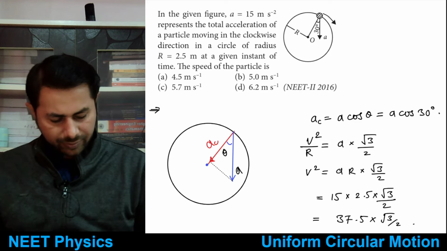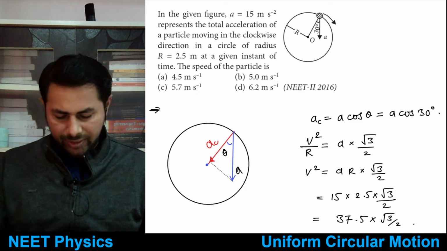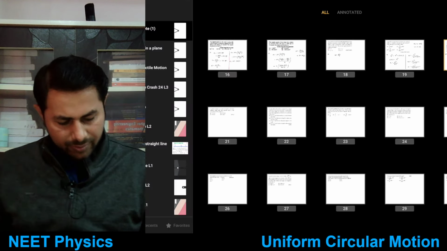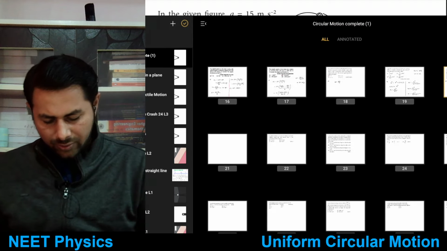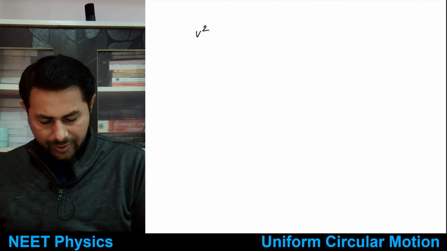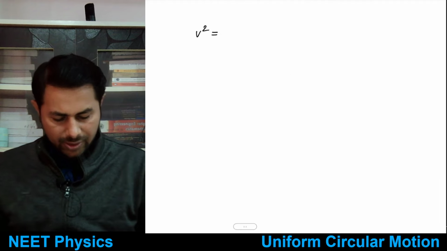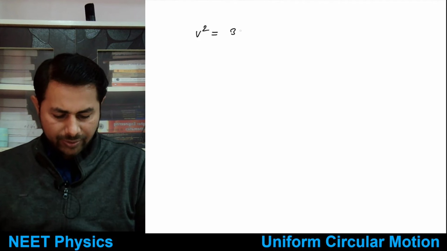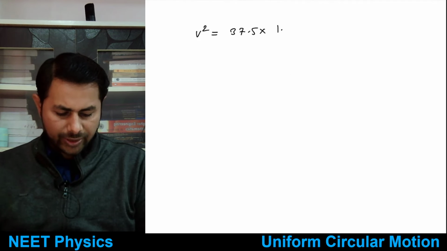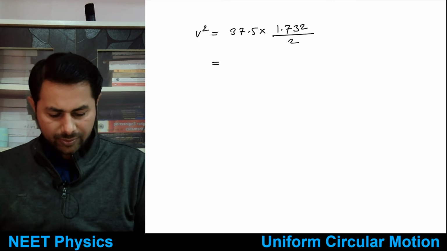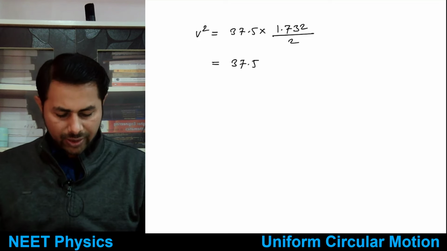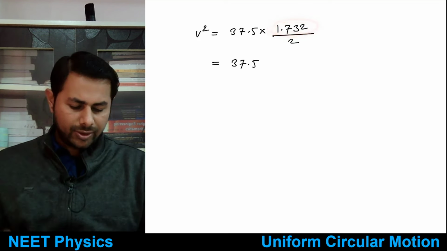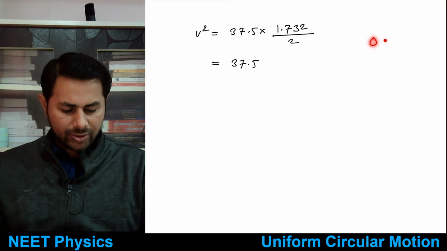Okay. So, root 3 is 1.732. So, you have V square equals 37.5 times 1.732 divided by 2. That is 37.5 times, 1.732 divided by 2 would be near about 0.8 something.